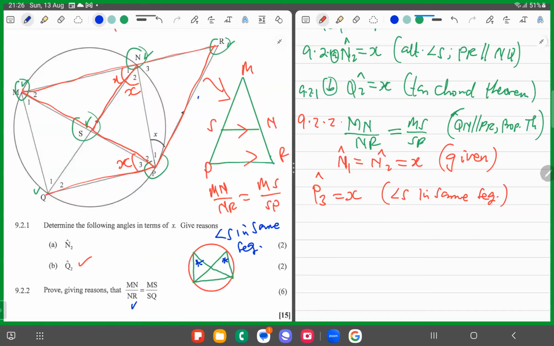What is the reason why it is a cyclic quadrilateral? It is a cyclic quadrilateral because of the converse of the opposite angles of a cyclic quad. FBDM is a cyclic quad.